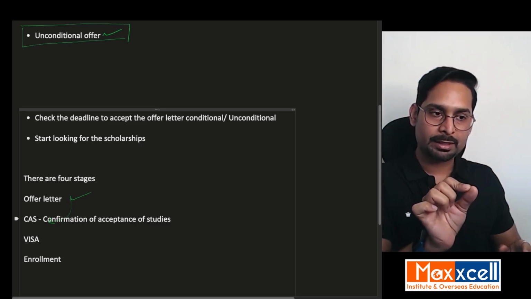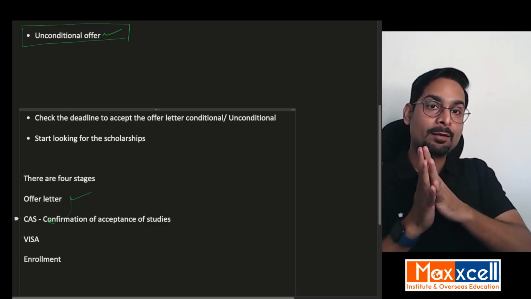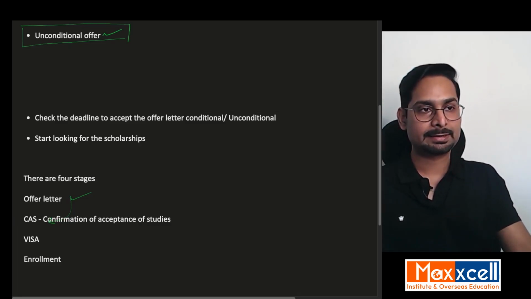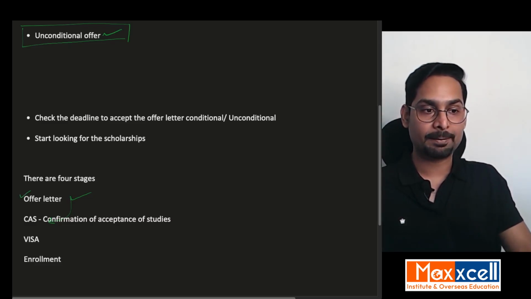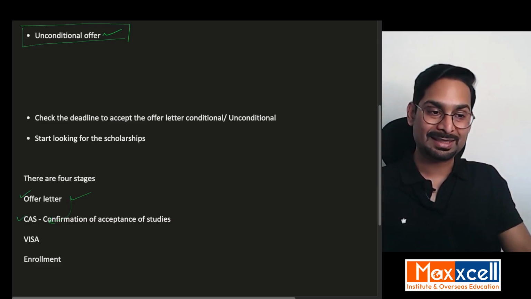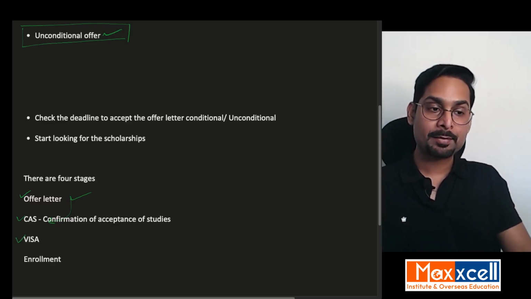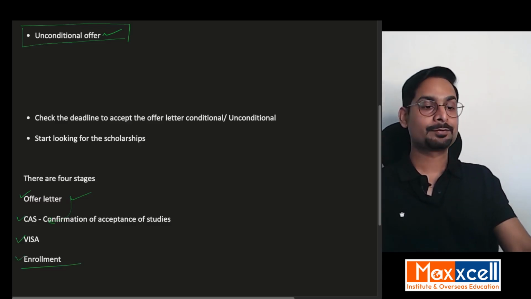This document, how to apply, how to request, what are the documents required, we will cover that in the coming video. So first step is the offer letter. Second step is CAS, which is a document you will get from the university to apply for visa. Then with this document and the supporting documents of visa, you are going to apply for visa. Once you receive visa, then you have to complete the enrollment formality with the university.